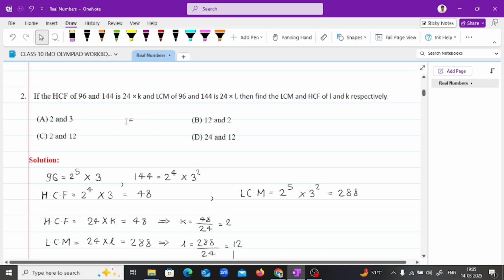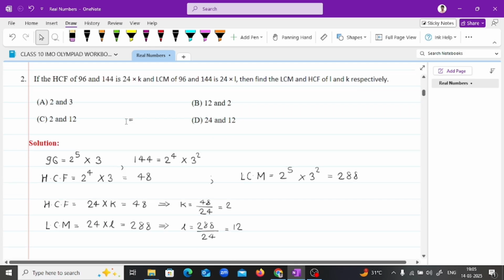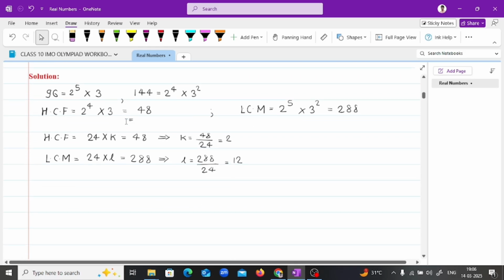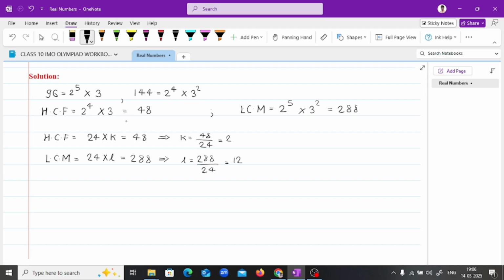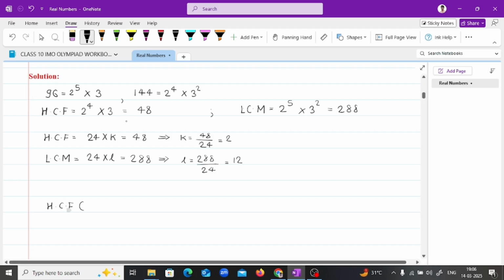Now we need to find the LCM and HCF of L and K, that is, we need to find the HCF and LCM of 2 and 12. Okay, so HCF of 2 and 12 is equal to, HCF means highest common factor, and the highest common factor of 2 and 12 is nothing but 2 itself, and LCM means least common multiple of 2 and 12, and the first number that appears in the table of both 2 and 12 is 12 itself.